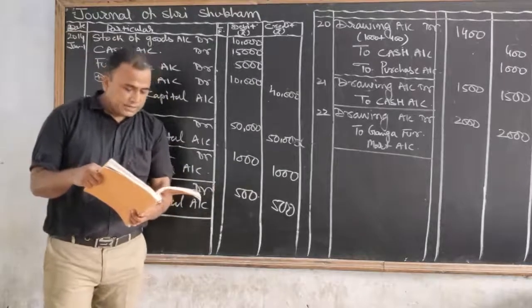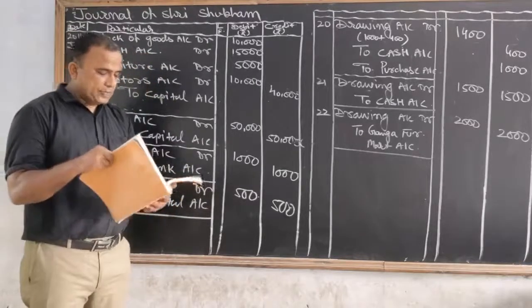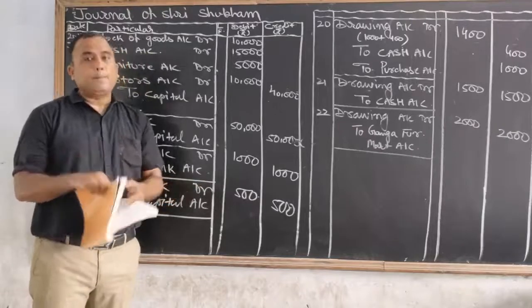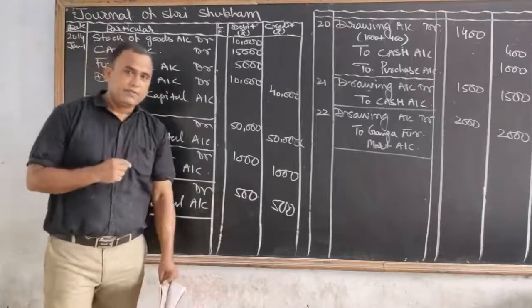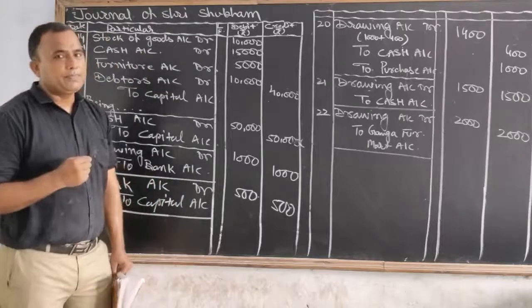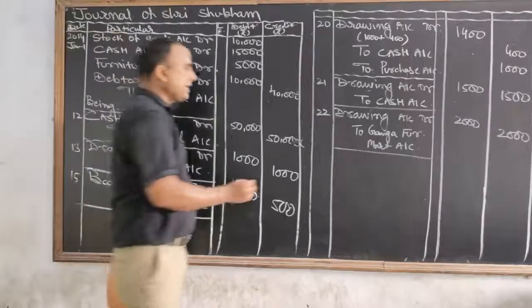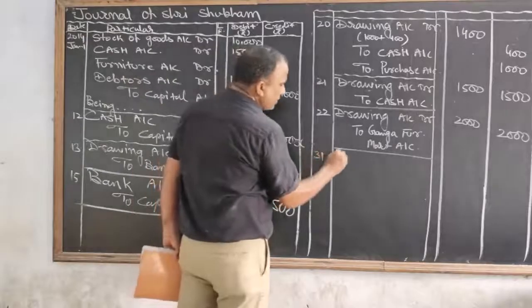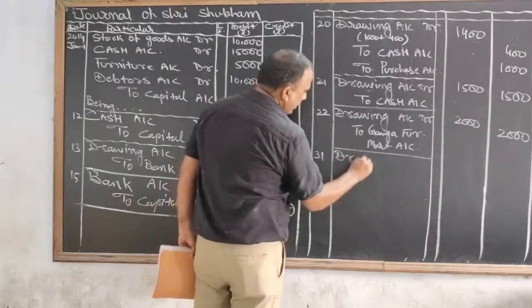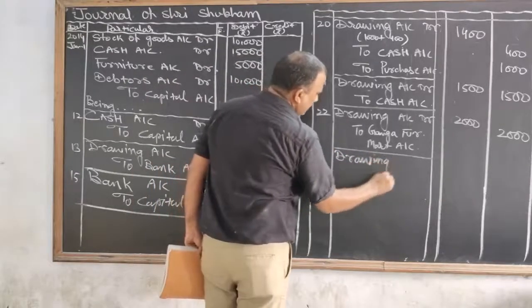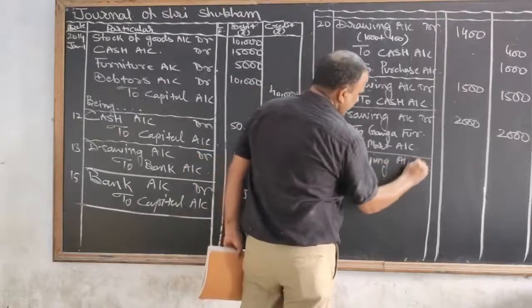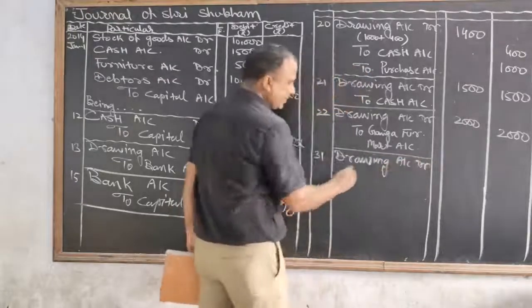Now 30 number 31, life insurance premium of rupees 500 paid by check. We all know that life insurance premium is a personal expense. If it is a personal expense, so drawing account is affected. So we record here drawing account debit.